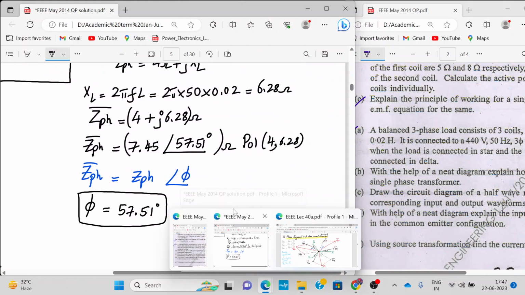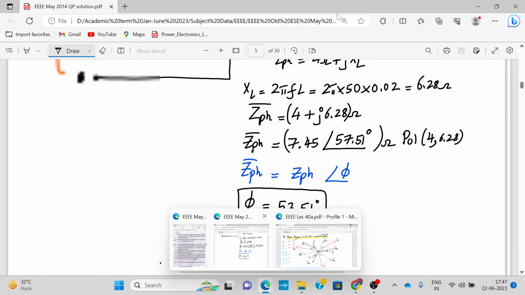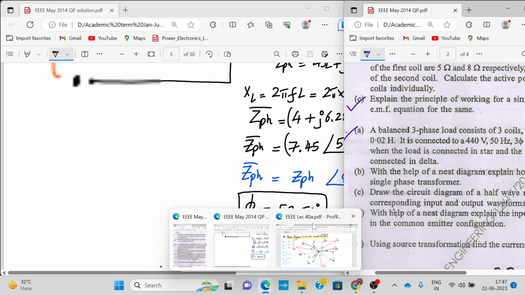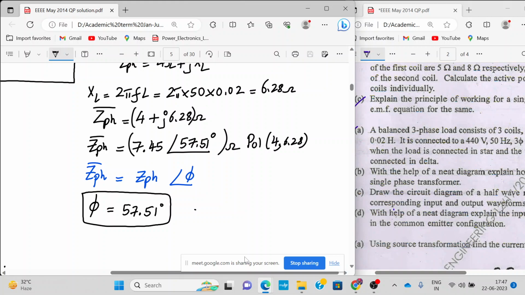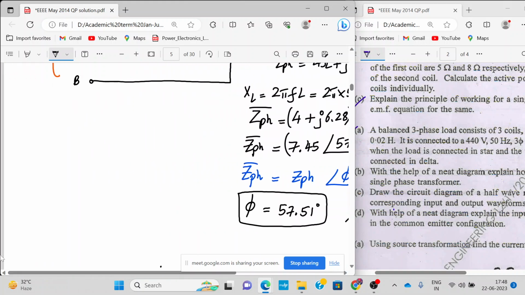Here only I can write 7.45 ohms. All right.